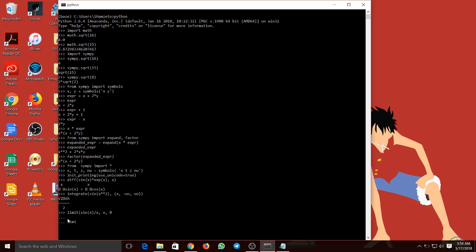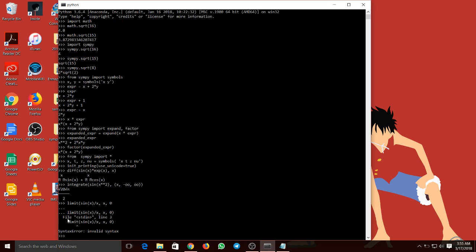We have limit of sine x, I forgot to put the last bracket, so now we'll put it in, divided by x, comma, x, comma, 0, then we'll put the bracket outside.